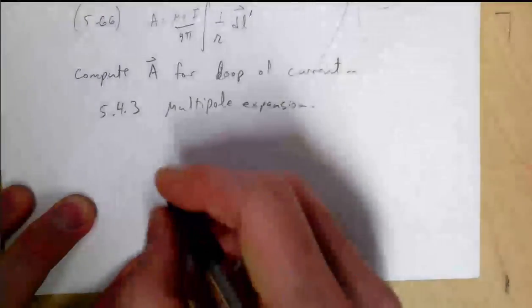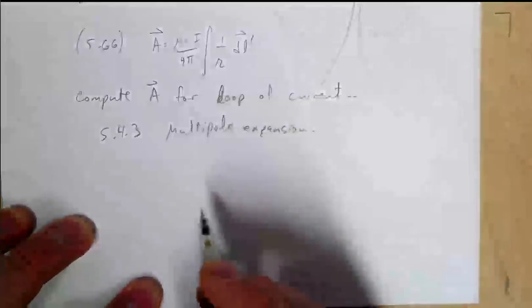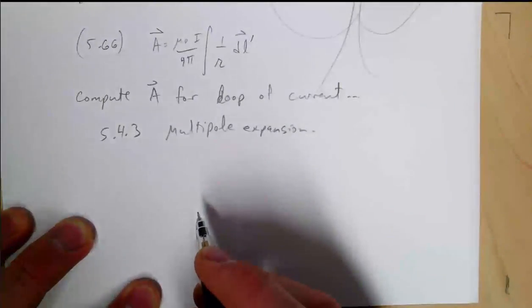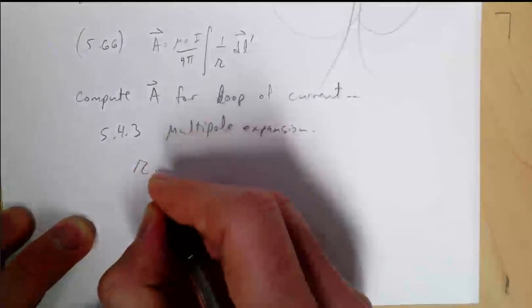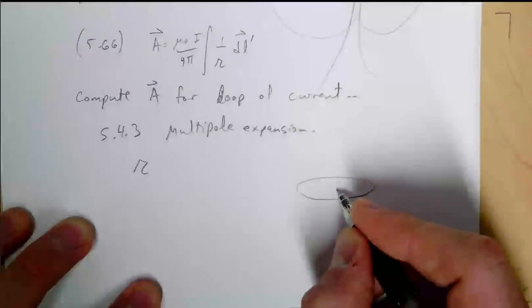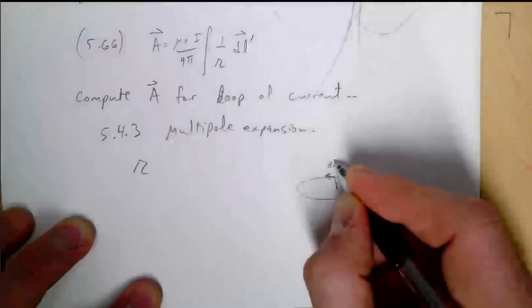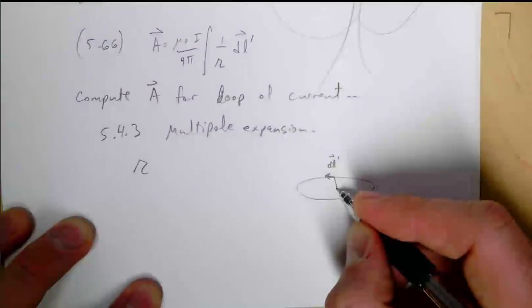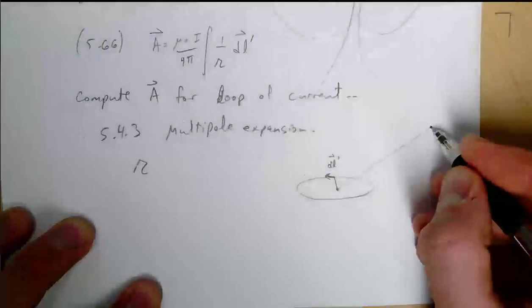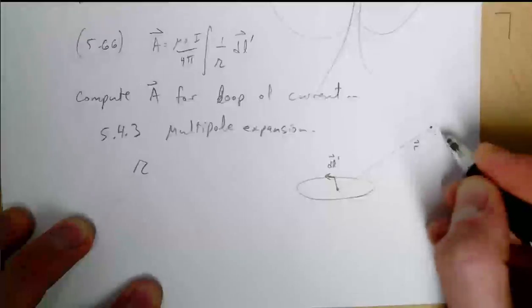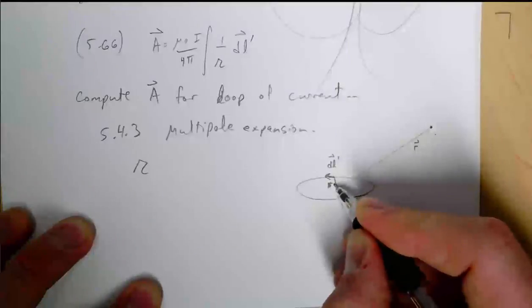So basically, I'm interested in computing this vector A here, and we can think about this in a way that we did before. If I want to think about a loop, if I had a piece of current, a dl prime, and this is the center, maybe, and I'm interested in calculating the potential out here at some vector r from the center, then this would be my r prime.